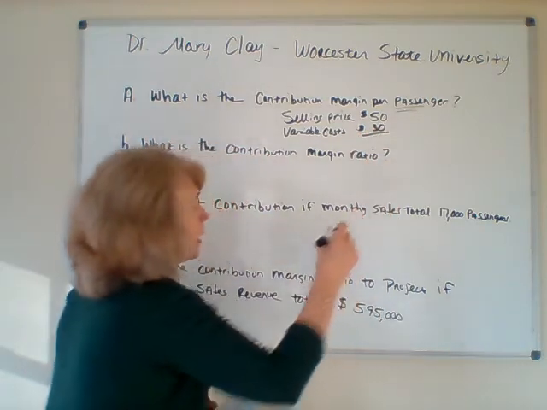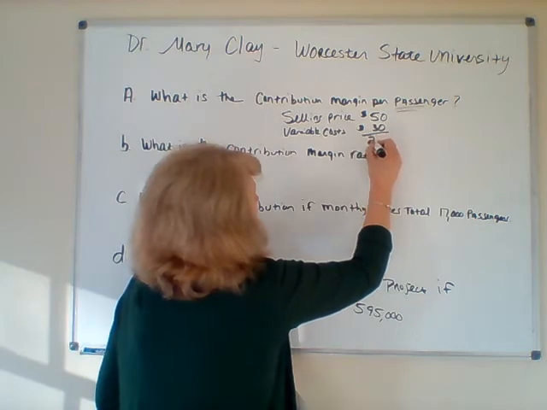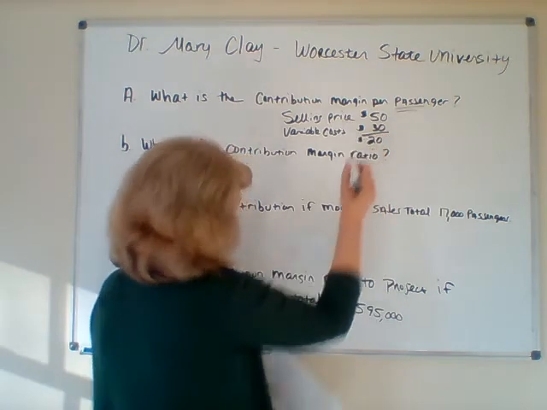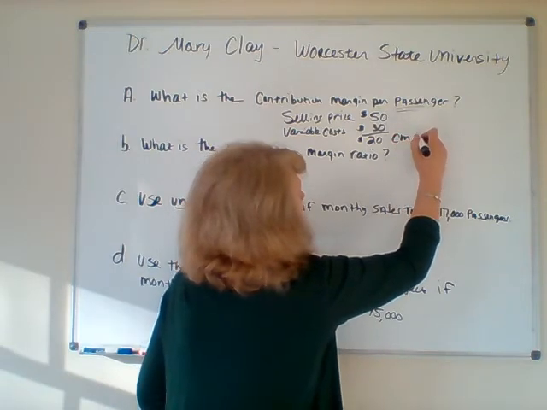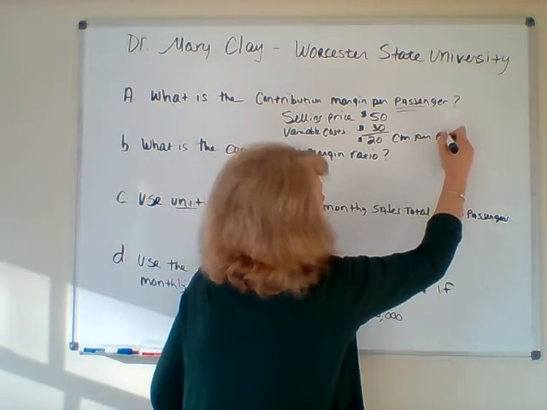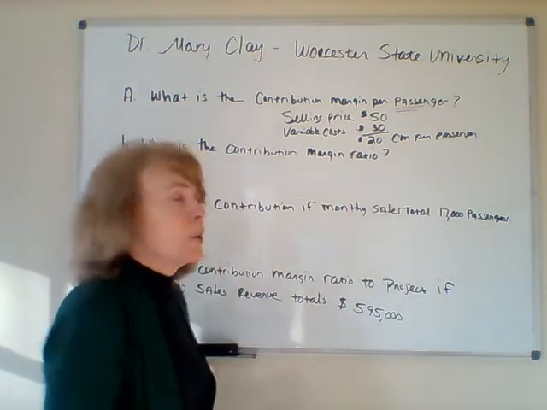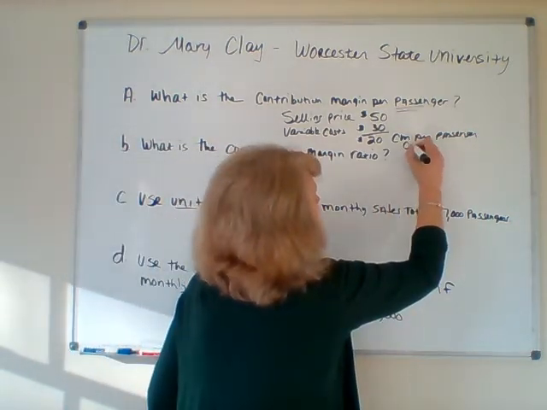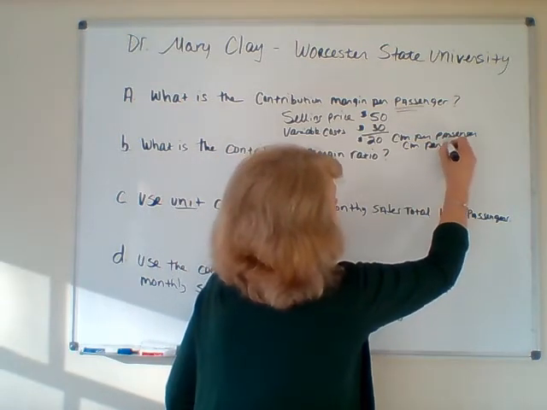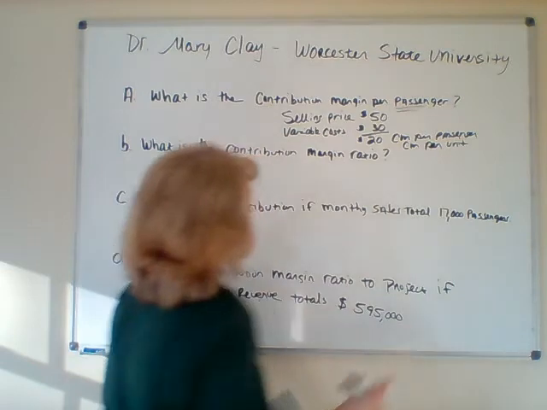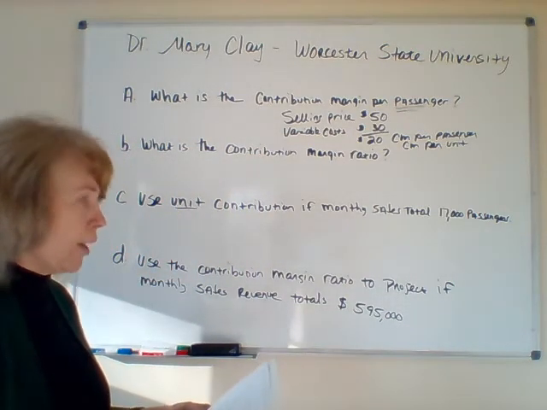We will subtract those two, and that gives us $20, which is our CM per passenger. Just so you know, this would also be CM per unit. Unit equals 1.